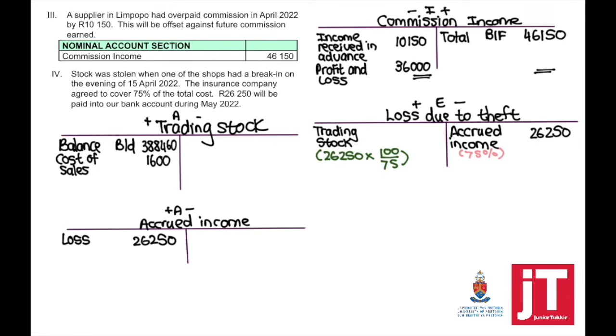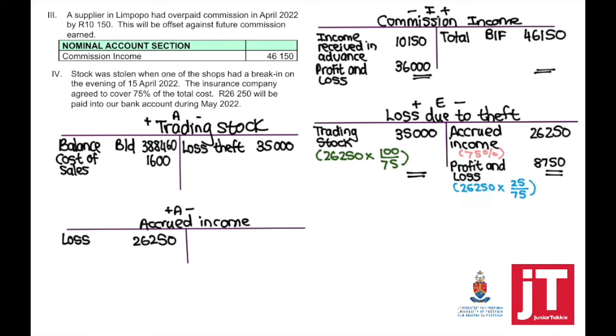So to find out the total loss, we're going to say times 100 divided by 75. Loss due to theft is debited and trading stock will be credited. Now you've got two options. You can take the debit side minus the credit side, and that equals our loss, which will appear in the income statement.